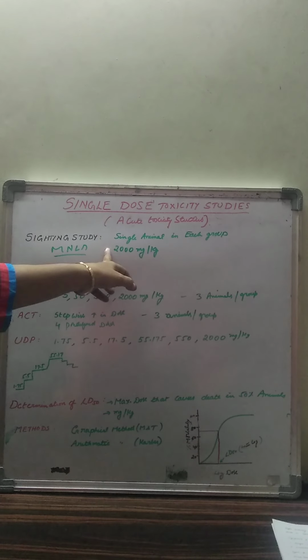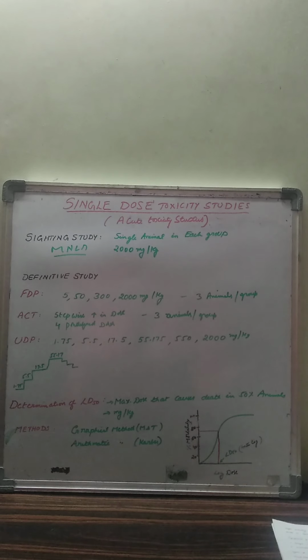Generally it can be started with 2000 mg per kg. One animal of a single species is enough here, and that animal should receive the 2000 mg per kg dose. If the animal survives, then you go with the next dose, that is, you can go with 5000 mg per kg. If your animal survives there also, then 5000 mg per kg will become your maximum non-lethal dose.